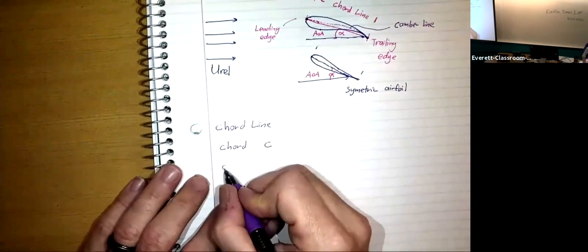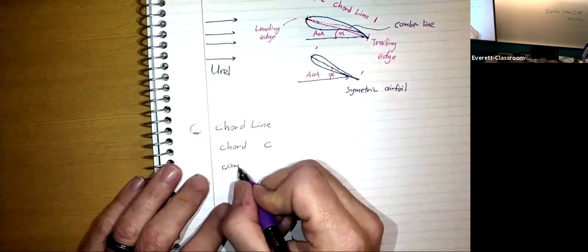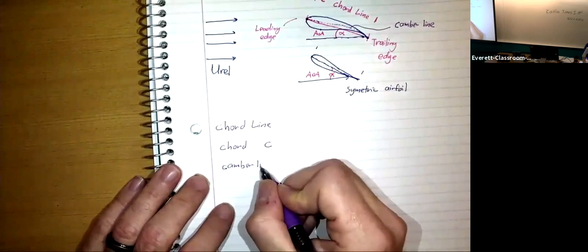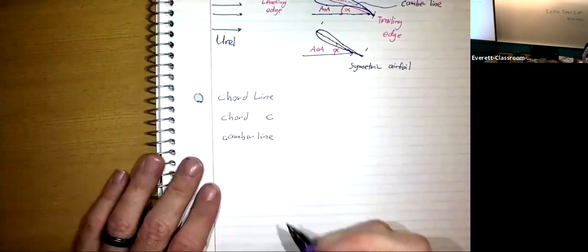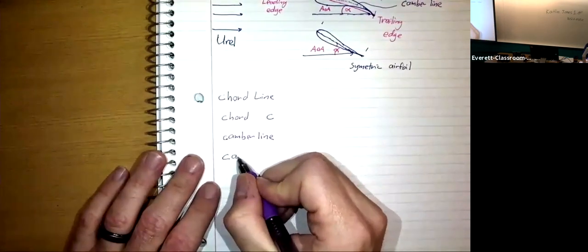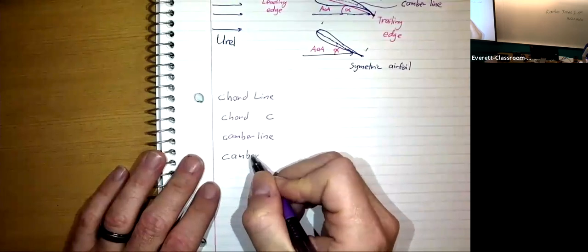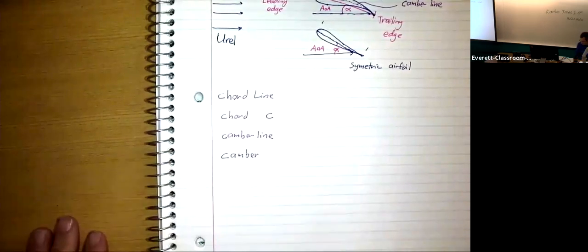We have the camber line. The camber, which I haven't said yet, the camber is the distance between the camber line and the chord line. And it's not necessarily constant.